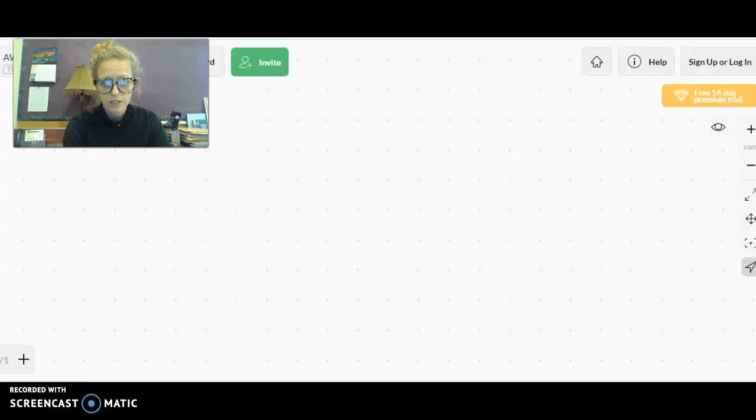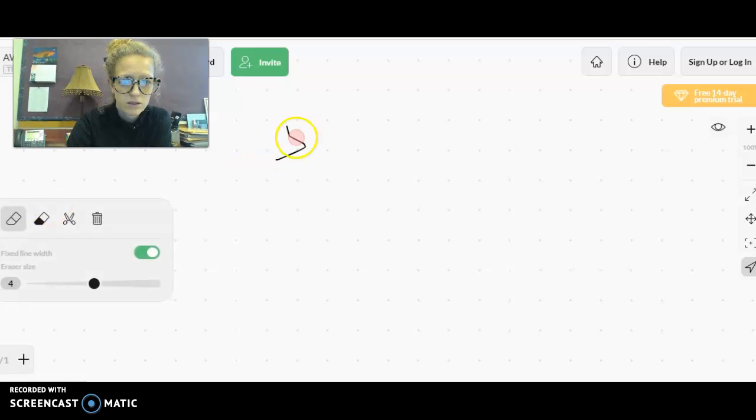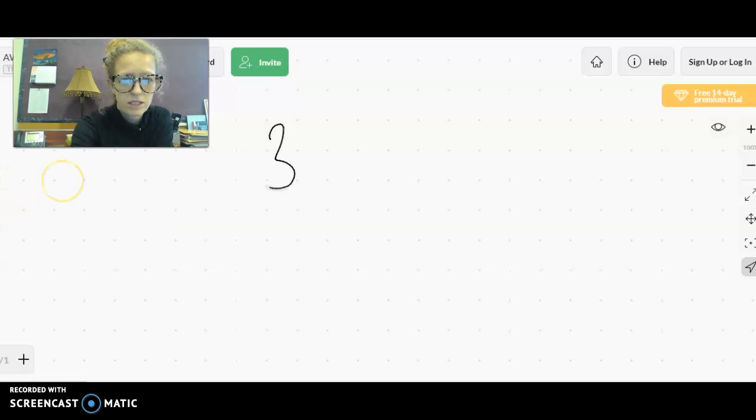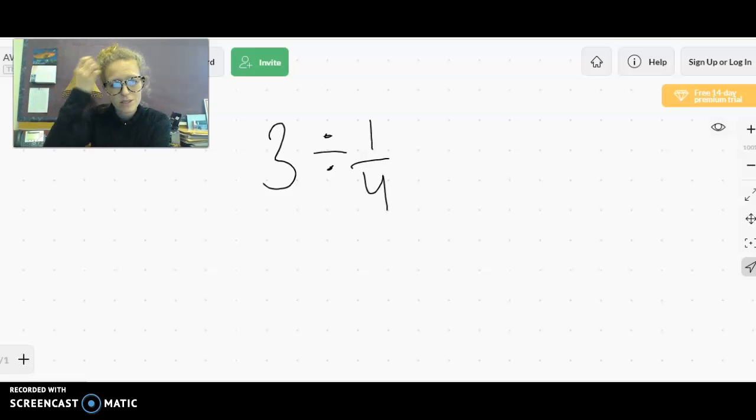Let's go over to our whiteboard. Let's do a little drawing. Let's erase that. So this is what our problem looks like. We have 3 divided by 1/4. And if we're drawing it out, which I would like you to do at first, especially for the first couple, just to visualize what's going on, I'm going to draw my big block.